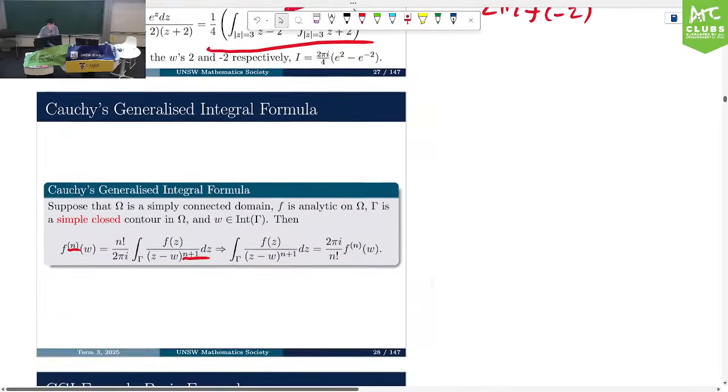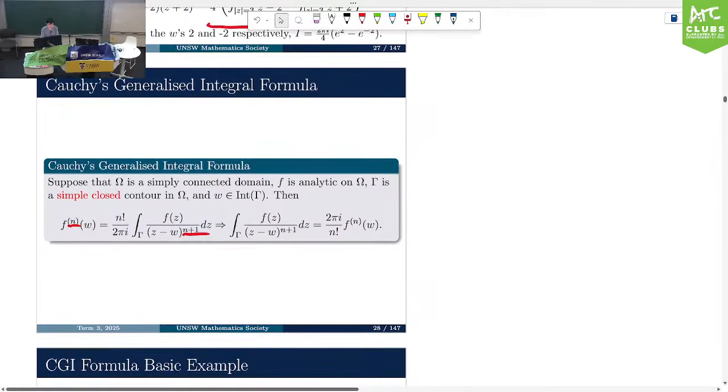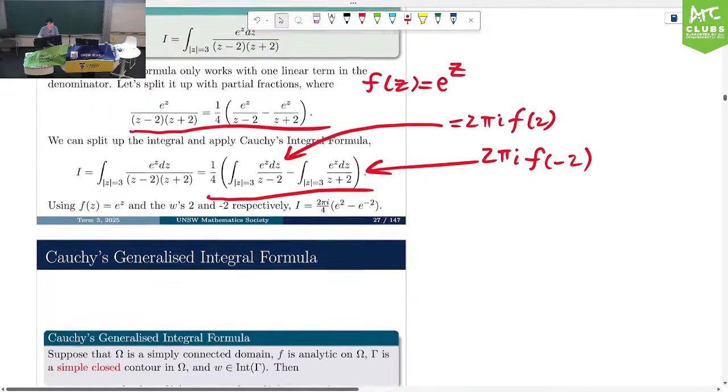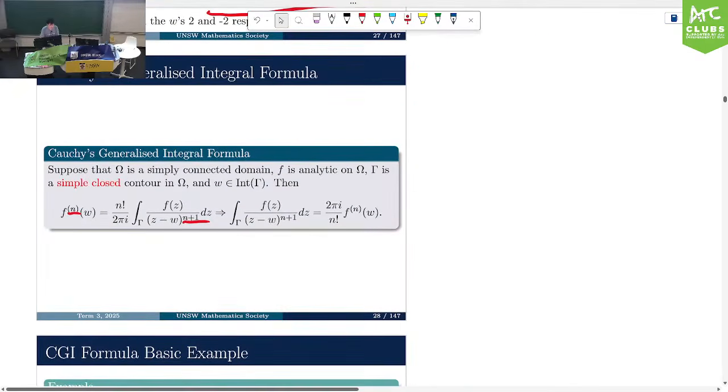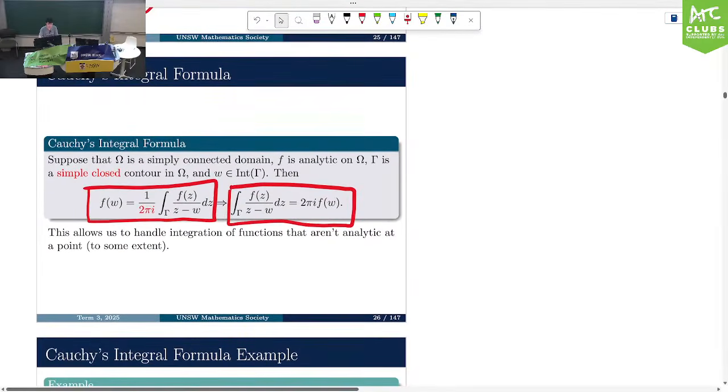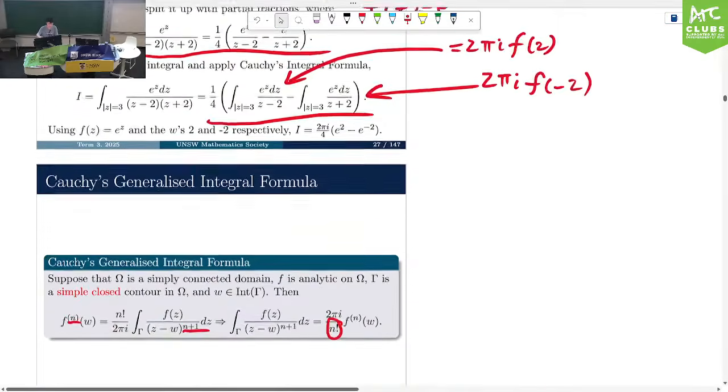So if you want to use this formula in the exam, be careful, you might want to let n equal 0 and see whether it becomes the original version of Cauchy's integral formula. But if we're sure that it's in the correct form, all we're doing is dividing by n factorial and taking the nth derivative of f, which is similar to the previous one, 2 pi i f of w, except here it's 2 pi i divided by n factorial times the nth derivative of f at w.